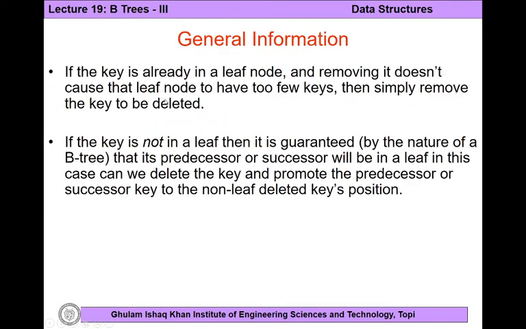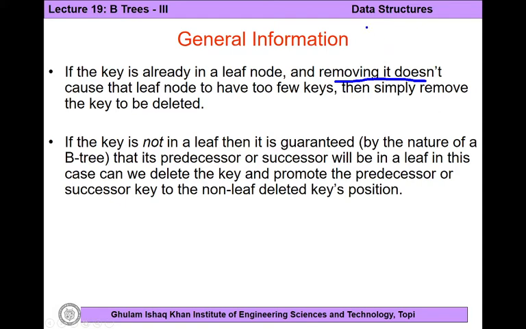So if the key which is to be deleted is in a leaf node, that is quite simple. We simply are going to remove it, because when a key is in the leaf node, and we know that a leaf node has no children, it is not going to have an effect. But we need to make sure that the lower and upper bounds on the number of keys which are supposed to be in the node are met once we have performed deletion.